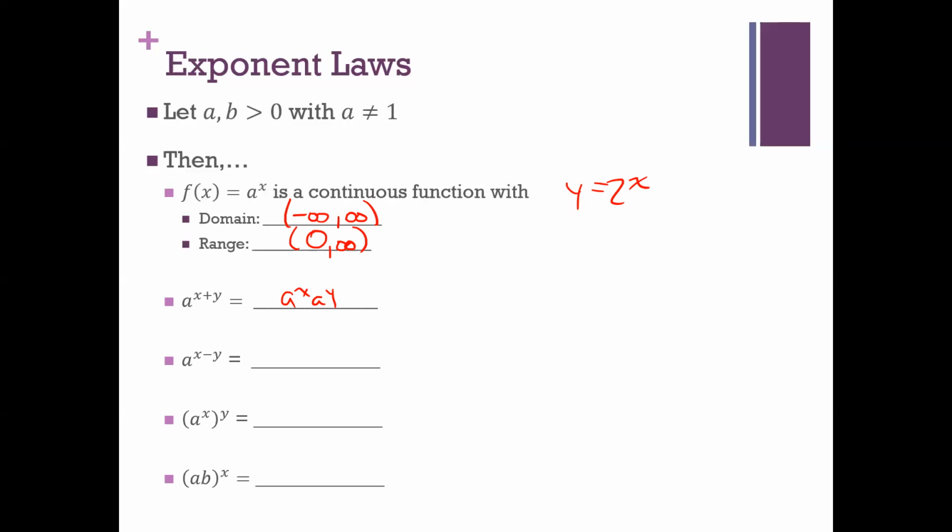So knowing you can add the exponents, and then similarly, what's a to the x minus y? a to the x over a to the y. How about a to the x, all to the power of y? a to the xy. Now I'm bringing in b.